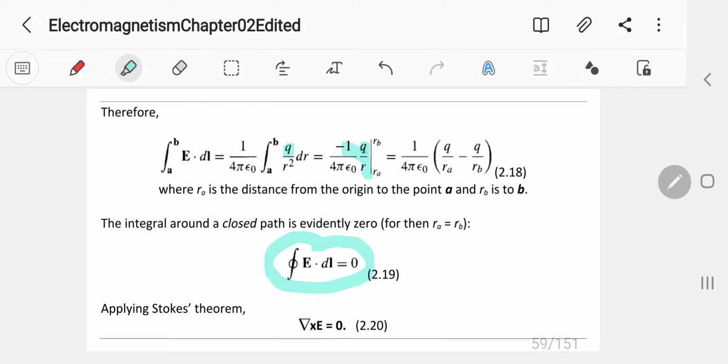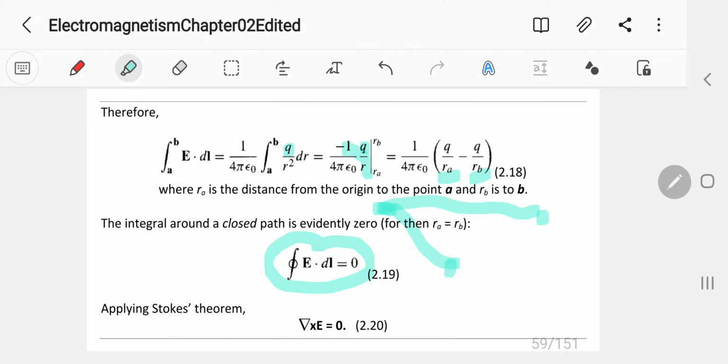Also, if you go from one point to another point with the same distance from the origin, then the line integral of the electric field would also be 0, since their distance from the origin is the same.